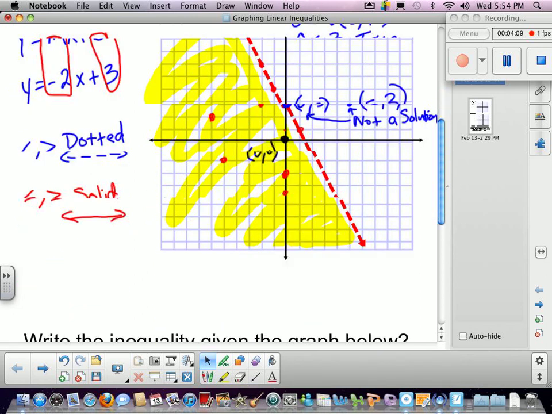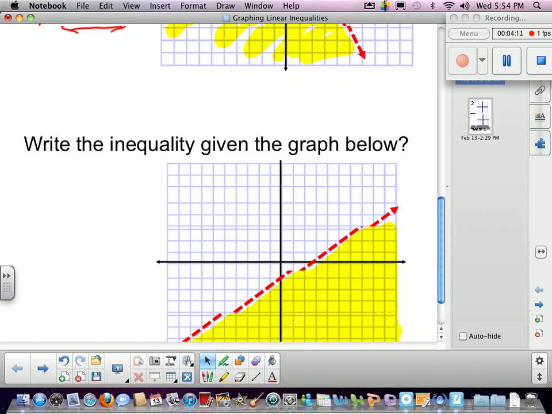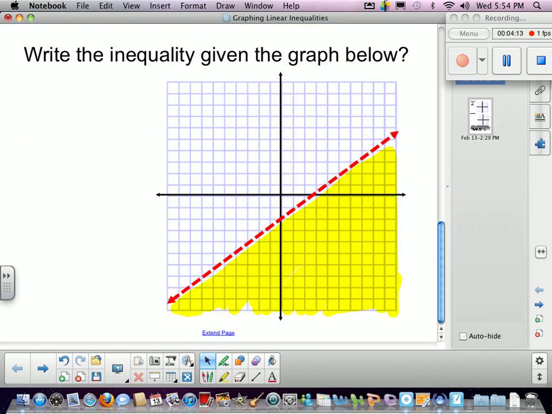Okay. Let's take a look at the next example, and in the next example, what we're going to do is we're going to write the inequality from the given graph. All right. In order to write the inequality, I first need the equation of the line. So I'm going to look and I'm going to say, okay, that's the y-intercept. The y-intercept is at negative 2. And I'm also going to need the slope, and it looks like it goes through right there.